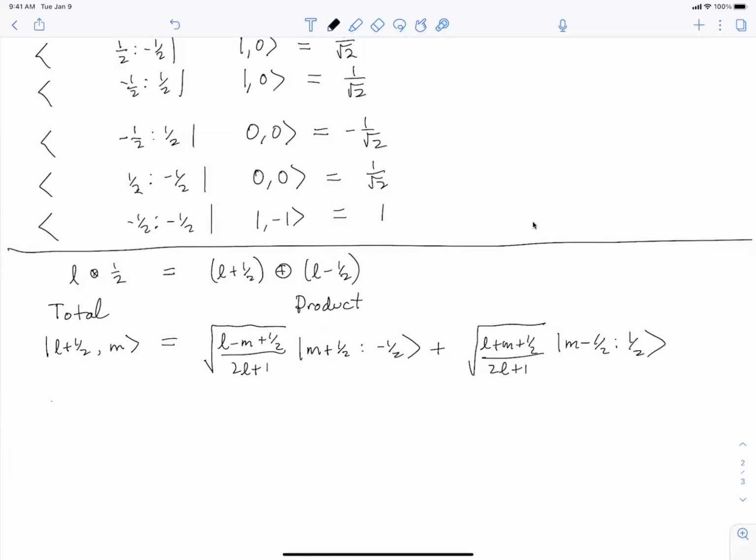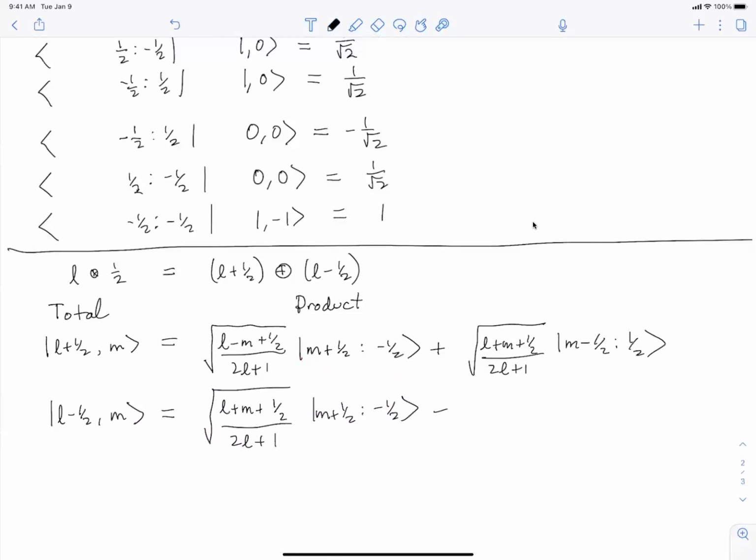Okay, and then there's these states that have total angular momentum L minus 1/2. And one way to get them is to require that they be orthogonal to the one on the line above. In any case, when you work it out, you get this. So it's a linear combination of the same two states, but with different coefficients.